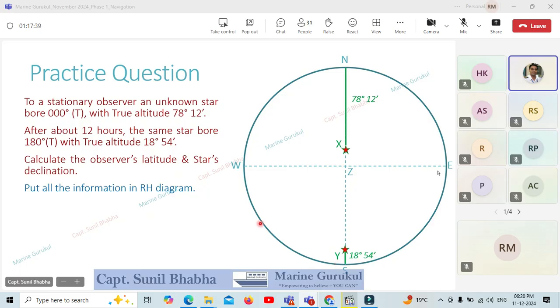So you have all the information given in the question in the diagram now. These X and Y indicate the location of the same star.